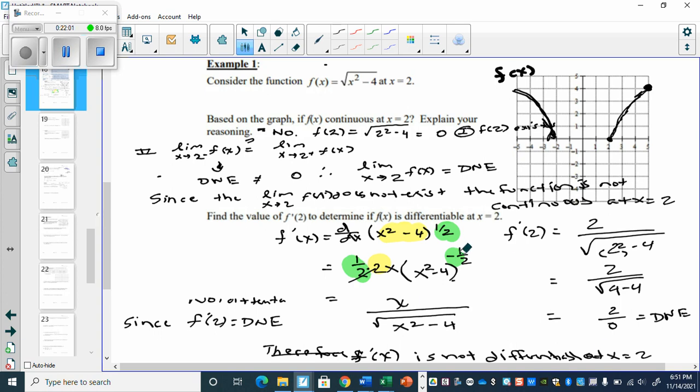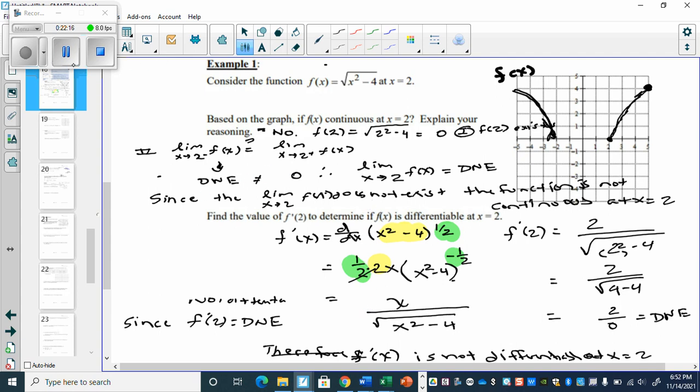There's more than one answer here. You could have used this information from the limits to say that it's not differentiable, but this one's probably a little bit easier for people without having to go through a complicated statement.